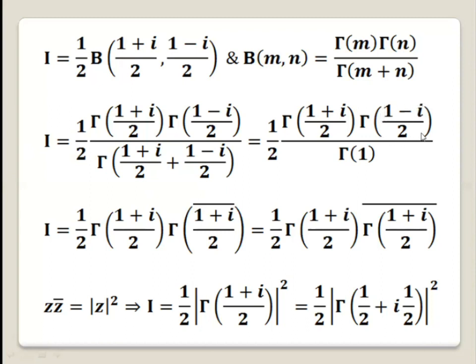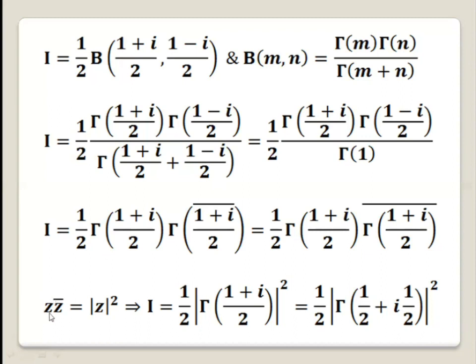But 1 minus i over 2 is the conjugate of 1 plus i over 2. So I can be written as half gamma of (1 plus i over 2) multiplied by gamma of the conjugate of (1 plus i over 2). But we can write gamma of z bar equals the conjugate of gamma of z. And so I equals half gamma of (1 plus i over 2) multiplied by the conjugate of gamma of (1 plus i over 2).